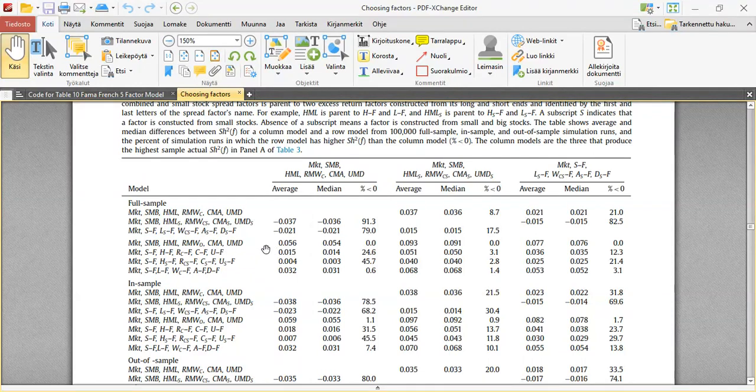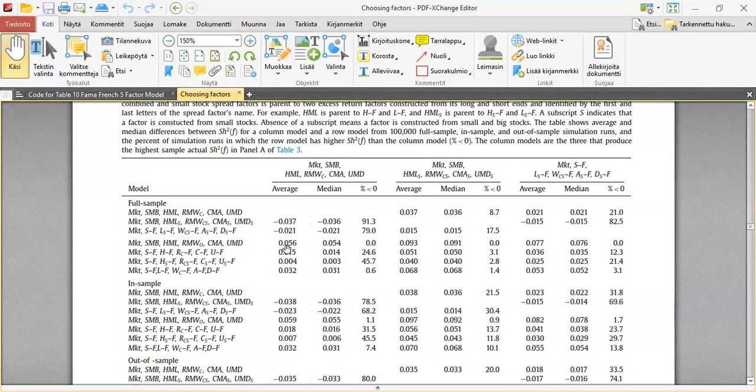So we see that this column model using cash profitability has on average 0.056 units higher maximum squared Sharpe ratio than this model. Okay, because we subtract the maximum squared Sharpe ratio of the column model from the row model.